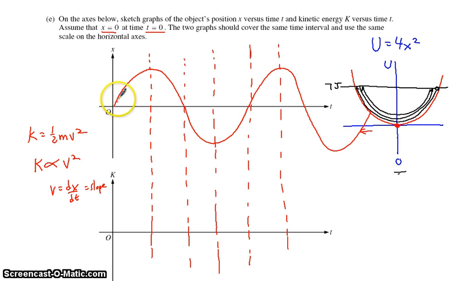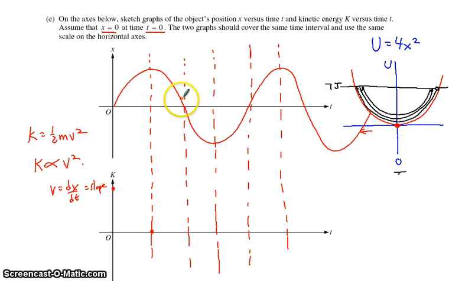So let's think about the slope right here. What kind of a slope are we looking at? A very steep positive slope, a high positive value. So the kinetic energy starts out high and positive. And what are we approaching? What's the slope here? The slope here is 0. And what about there? Well, the slope is very steep, but it's a negative slope. However, remember, speed gets squared in the kinetic energy equation.